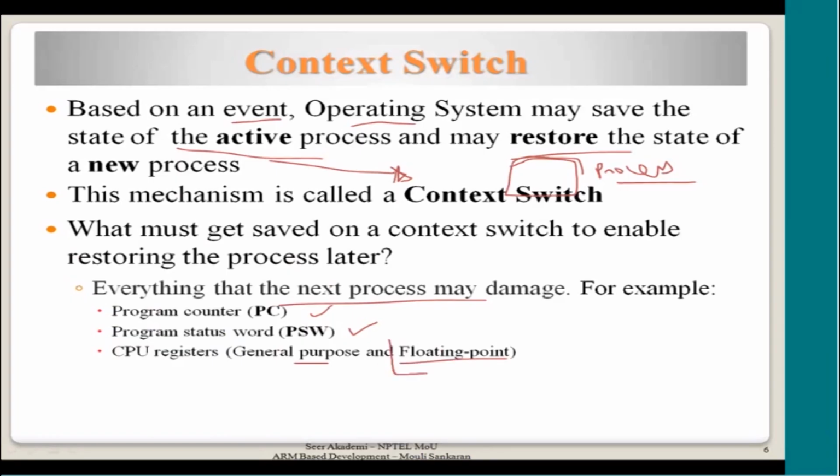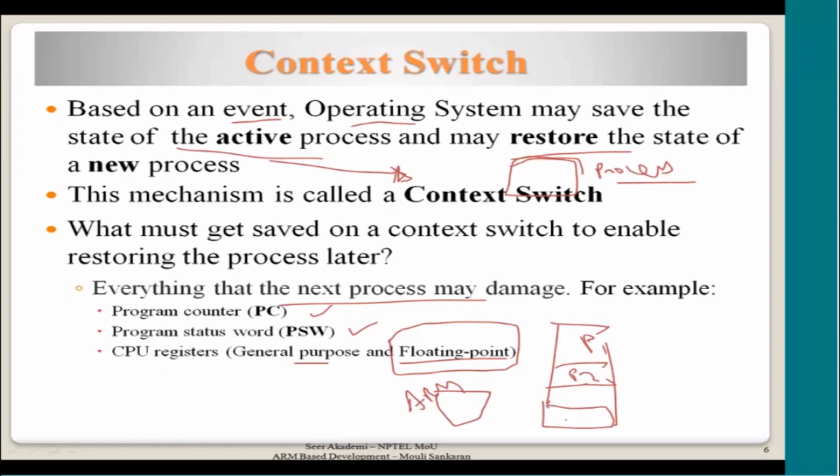Normally what happens with the floating point is that we don't know. Suppose there are many processes running in the system, P1, P2. The ARM processor, or the OS running, may not know whether a particular process is going to use the coprocessor or not. Only when a process needs the coprocessor, or floating point processor to be specific, it may have some coprocessor instruction in it, and that will be executed by the processor.